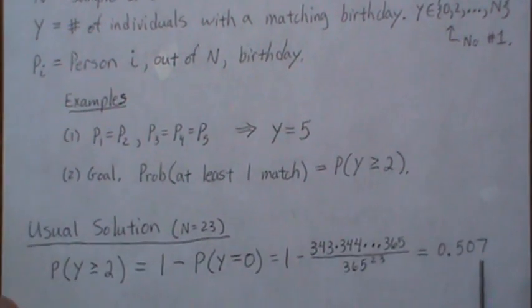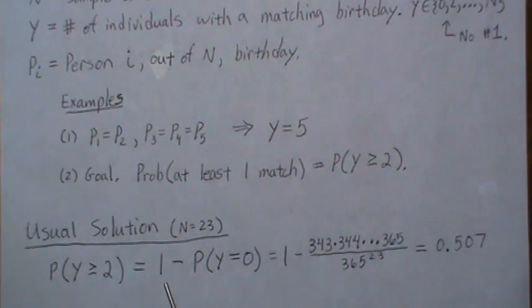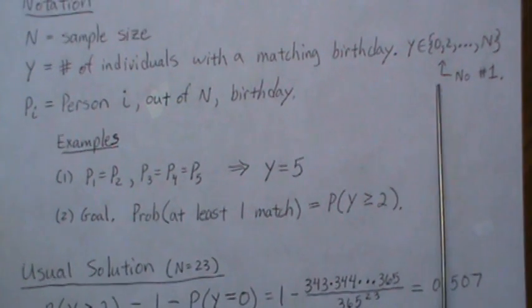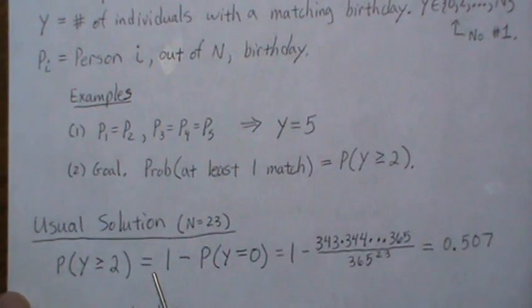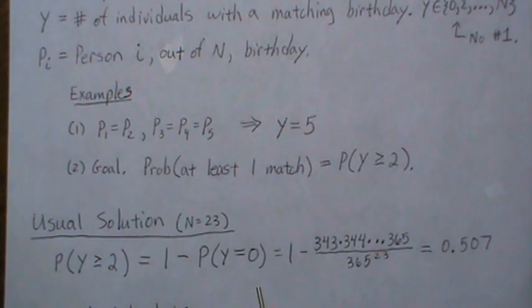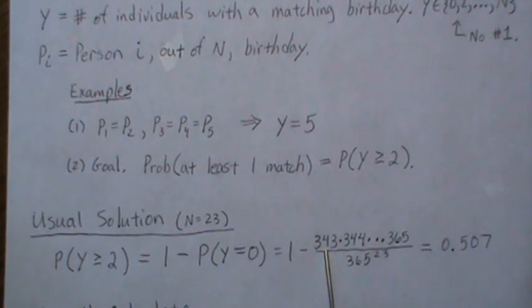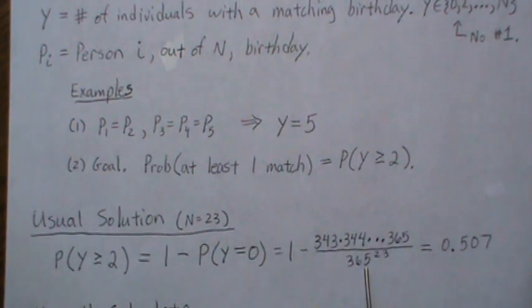The usual solution, which we're not going to discuss much, is to find the probability that Y is greater than or equal to 2 as 1 minus the complement. But remember, there is no 1, so the complement is 0. So it's 1 minus the probability that Y equals 0. The total sample size is 365, and there are 23 people, so it's 365 raised to the 23rd power.